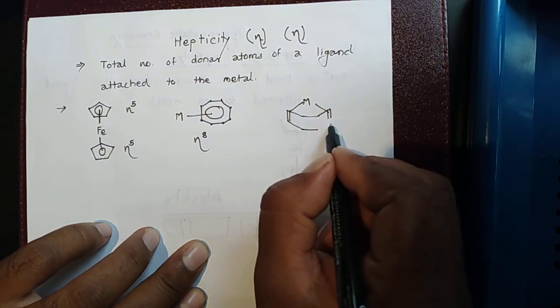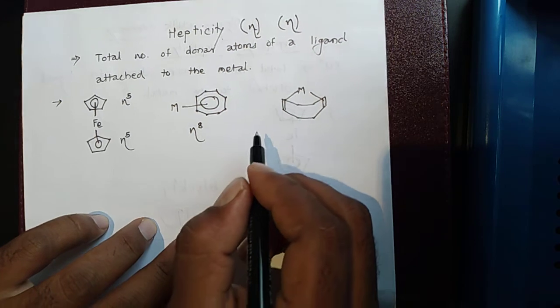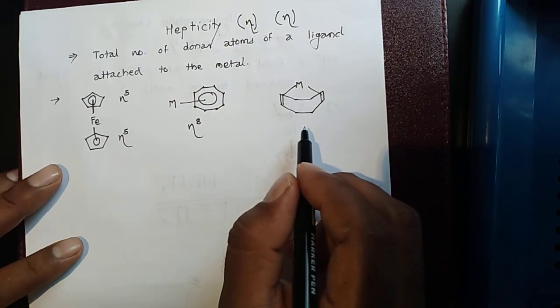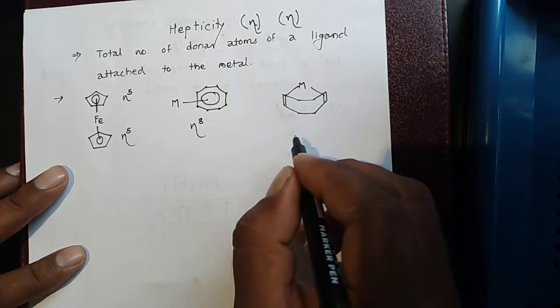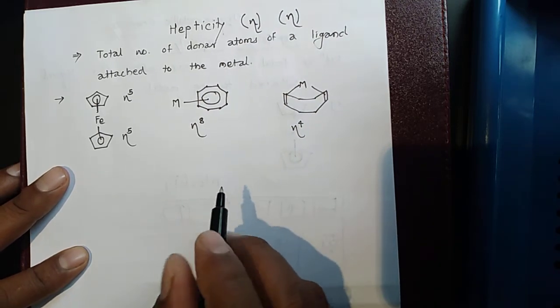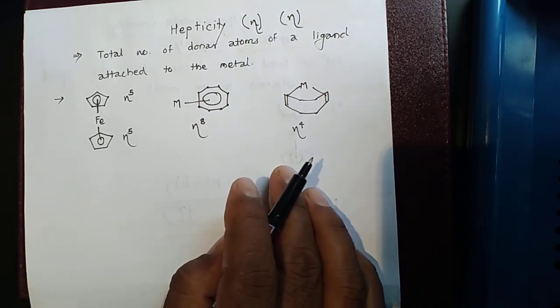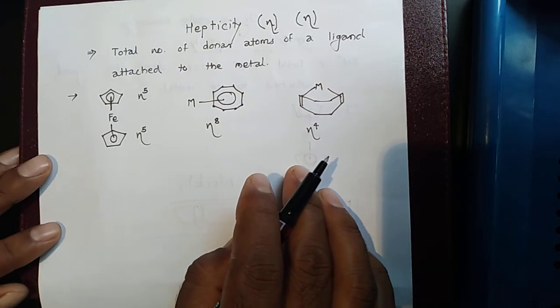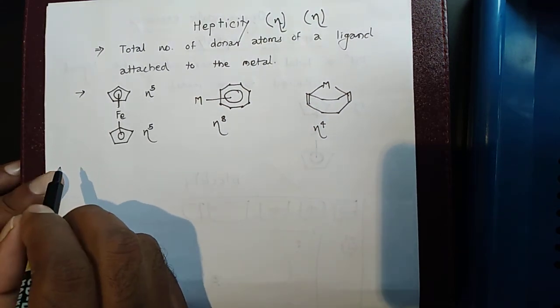We will see another example. This example I have got from the CSIR NET examination, which is a very difficult examination for chemistry, or chemical sciences.